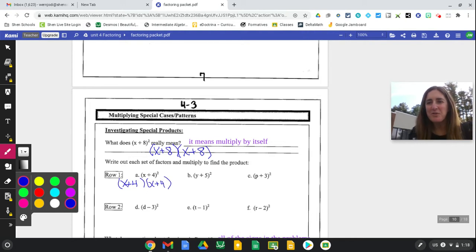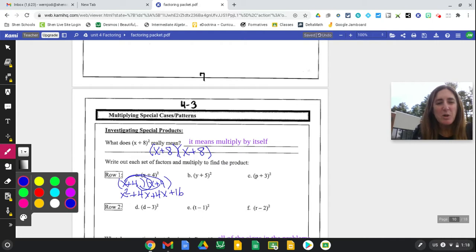And since you're fantastic students, you remember from Thursday's lesson that we could double distribute or use our box method to get our answer here. And this turns into x squared plus 4x plus 4x plus 16.